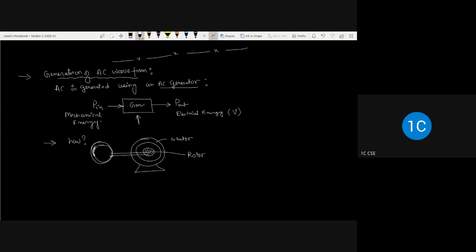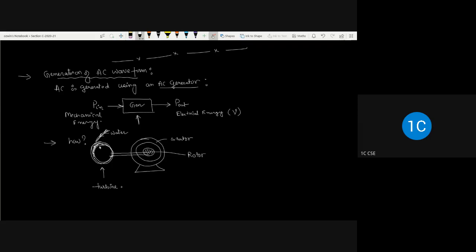I will draw a very basic diagram just for the sake of understanding. This is your turbine. On this turbine, let us say we are making water fall. This is water. In a hydroelectric power plant, this is what happens. So water is made to fall on the turbine blades.